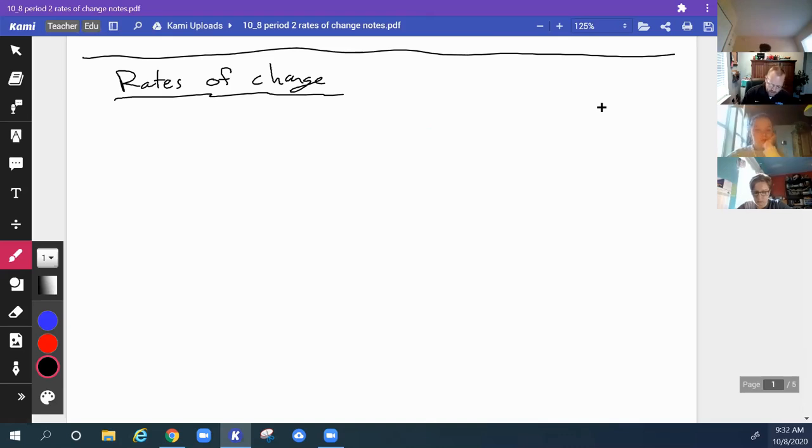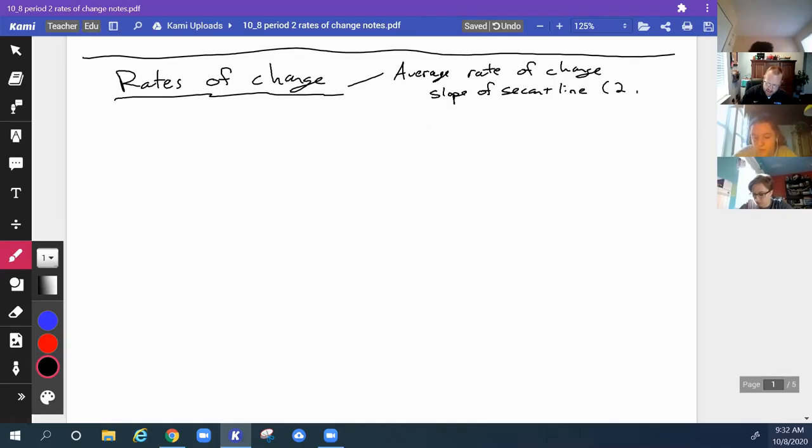So remember that we have two rates of change. I have the average rate of change, which was the slope between 2 points. Slope of the secant line. Remember, here I needed 2 points to calculate the slope. The other one was the instantaneous rate of change.